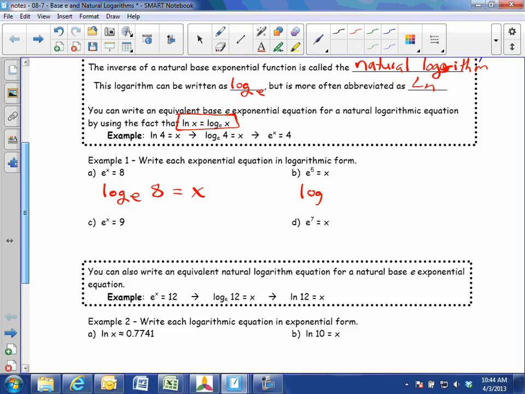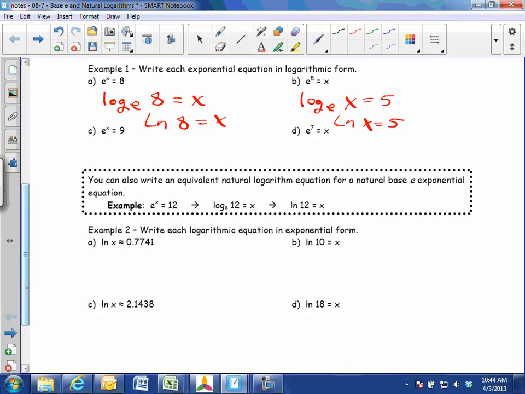Log base e of b equals x. Instead of writing log e, we could also write ln. So I could write this as ln a equals x. Questions so far? Alright, let's go on.